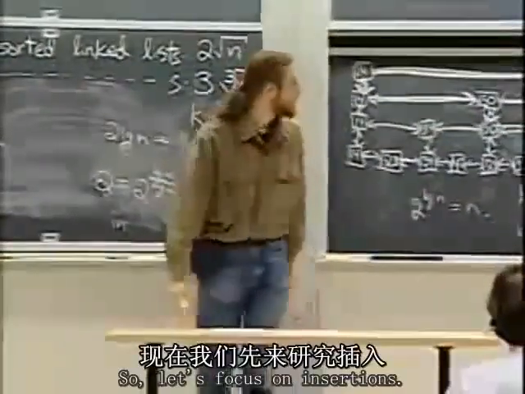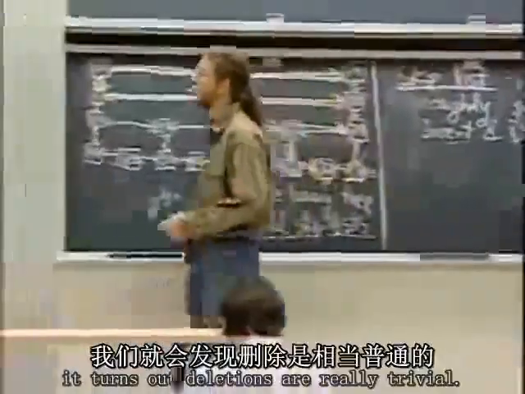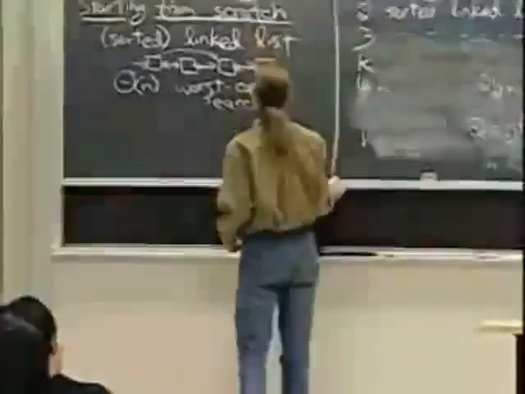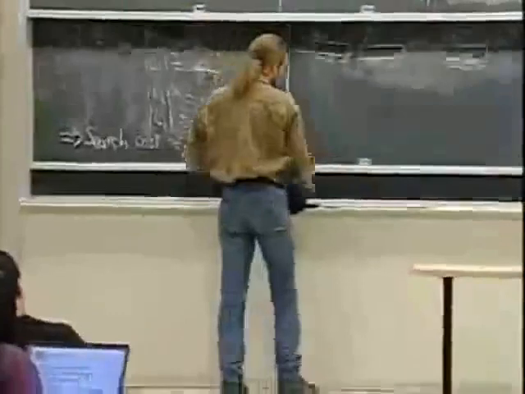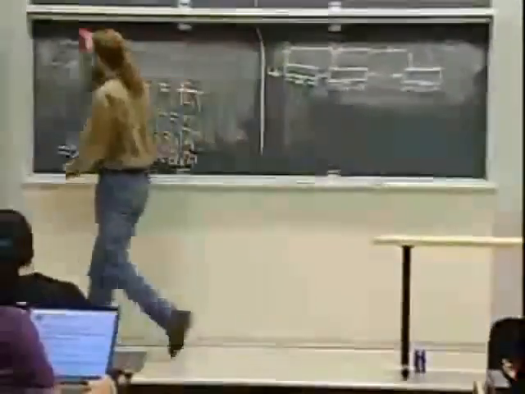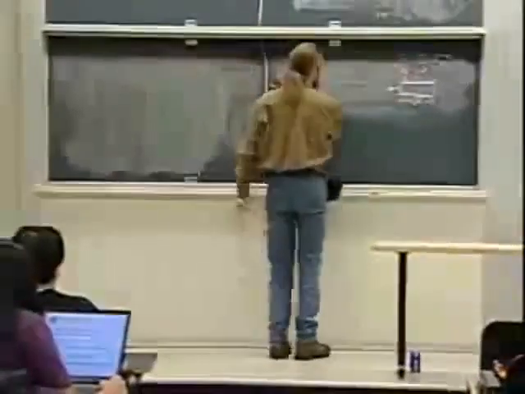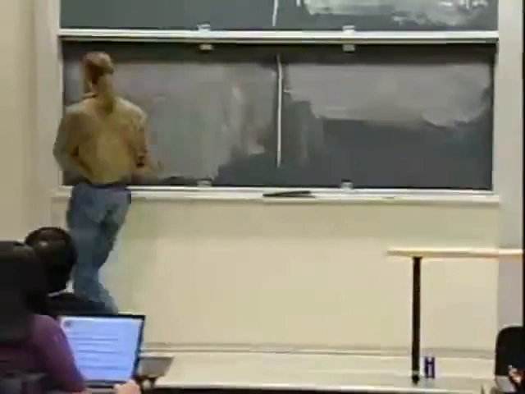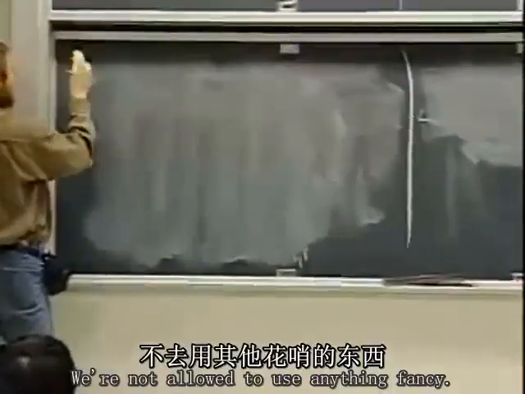So let's focus on insertions. If we do insertions right, it turns out deletions are really trivial. And again, this is all from first principles. We're not allowed to use anything fancy.